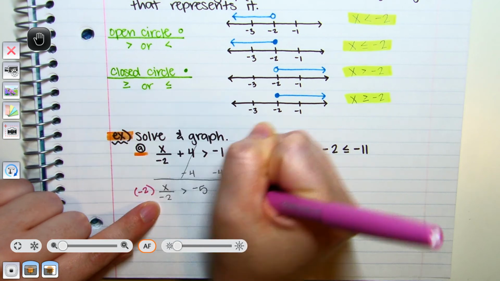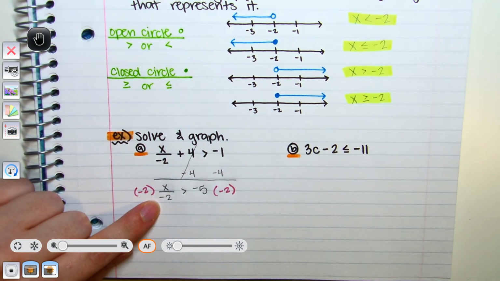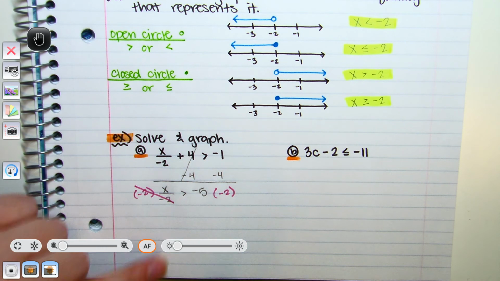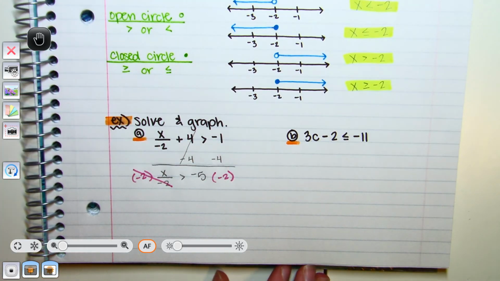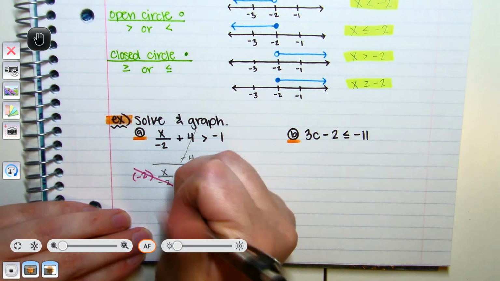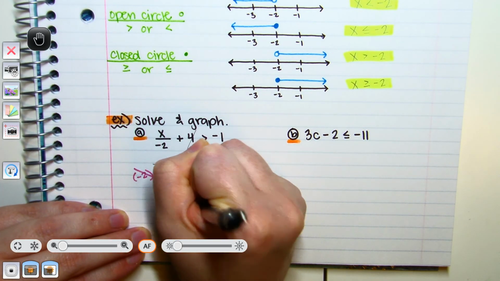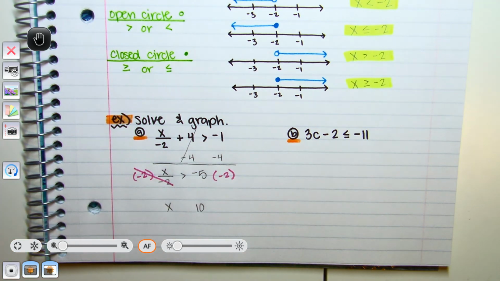When I do that, it'll cancel out my denominator. Now, because I multiplied both sides by a negative, what has to happen to my sign? Good, it has to flip. So let me go ahead and write that.